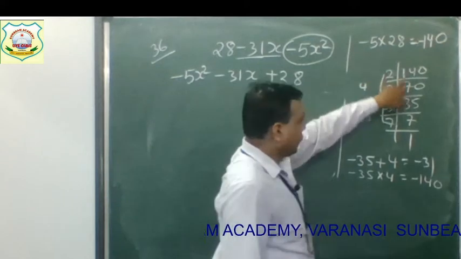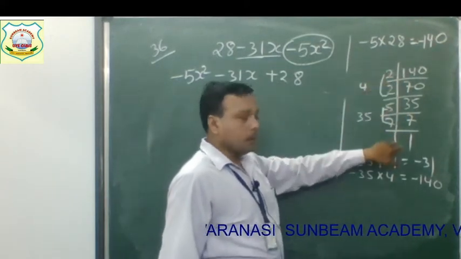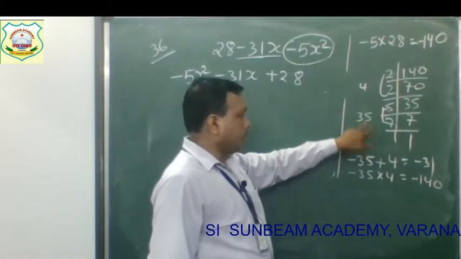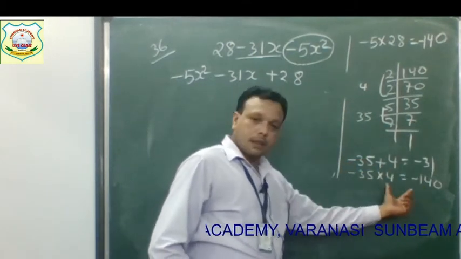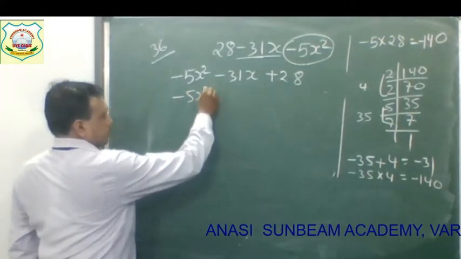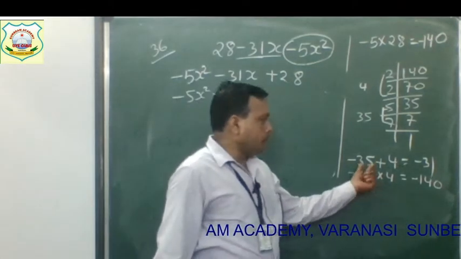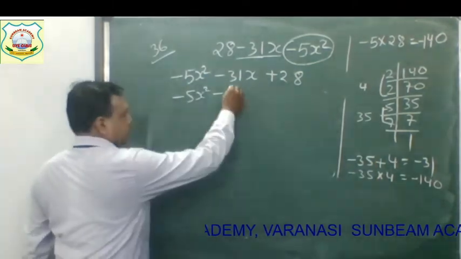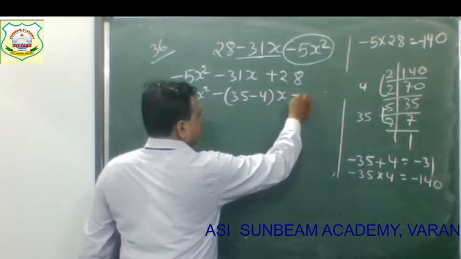Now for 140 we will find the LCM. We get 35 and 4. Minus 35 plus 4 is minus 31, same thing here, and minus 5x square minus 31x is here. So we take 35 and 4: 35 minus 4, x plus 28.